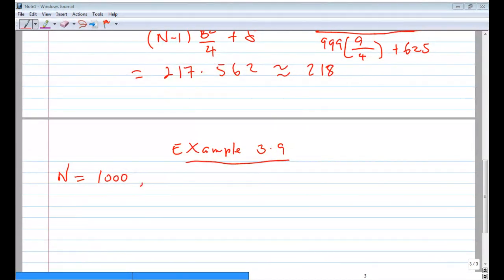And you have been given a bound also. The bound is what? It's B, 1,000. And then the last thing is the population variance. What is the population variance?